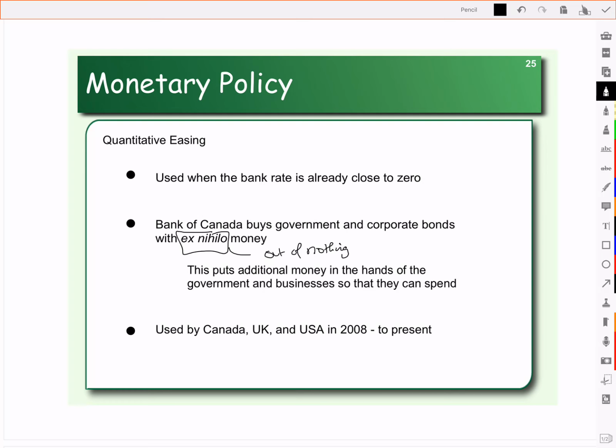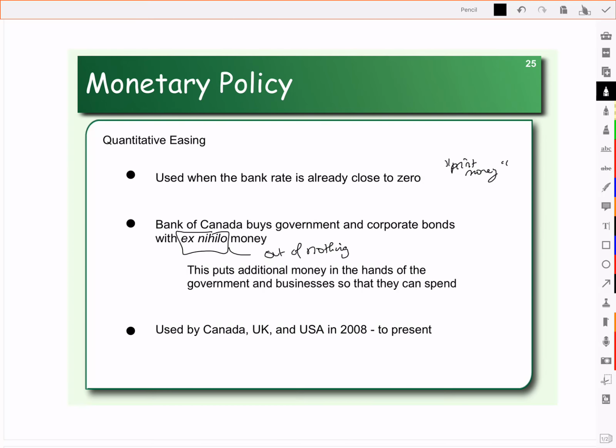So here we are essentially printing money, but instead of making coins or manufacturing banknotes, what we're doing is we're creating more electronic money. So when you've heard the term printing money over the last decade, they've really been referring to quantitative easing. We're creating money out of nothing.